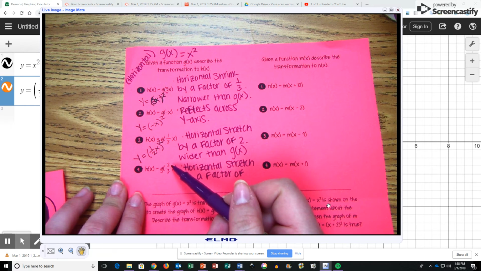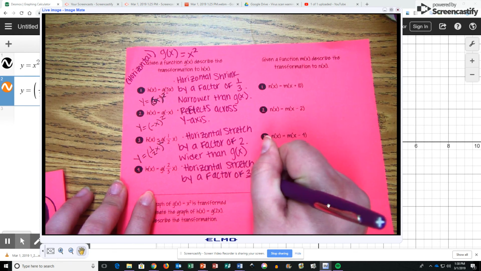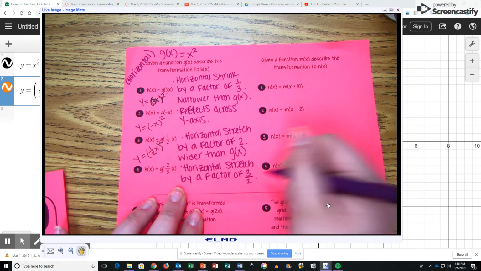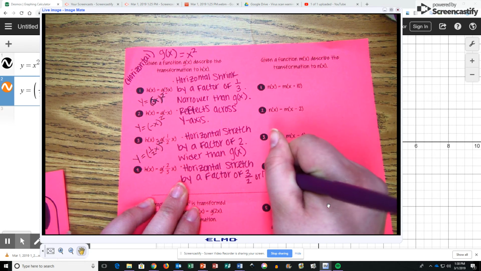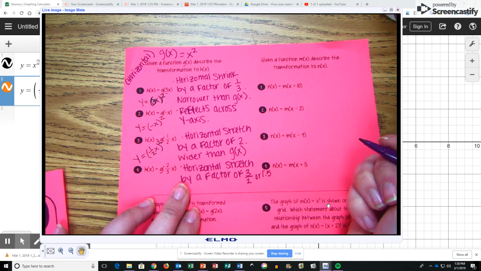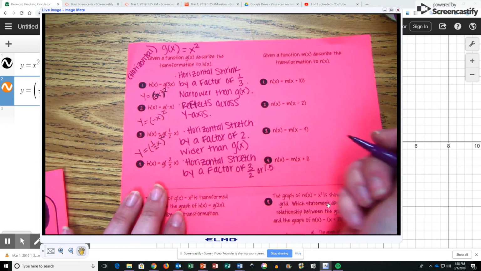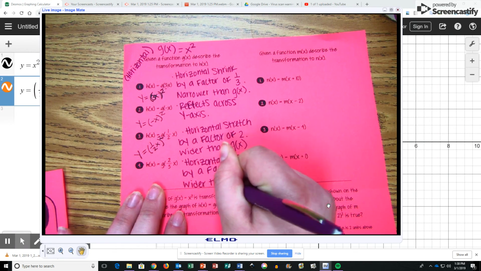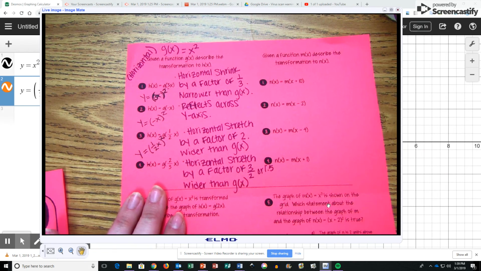What's inside the parentheses is a liar. I have to flip this fraction. So instead of it being 2/3, it's going to be 3/2 that it's stretching by a factor of. That's also the same as 1.5. Okay, and because it's a horizontal stretch, it's going to get wider. So it's wider than g of x.